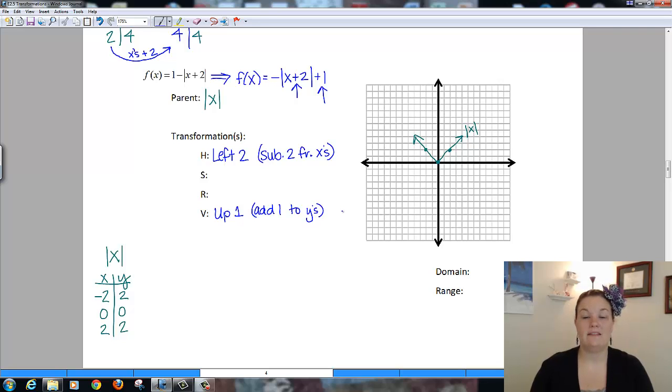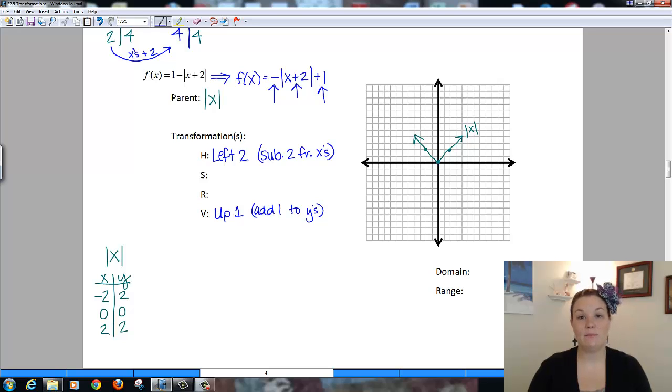Okay? And then the last transformation I have is this negative out here. A negative, remember, represents a reflection. So I have to figure out which variable is being negated, and it will flip it across the opposite axis. So here my negative is outside the function. It's outside the absolute value. So since it's outside, it's being applied to the y.